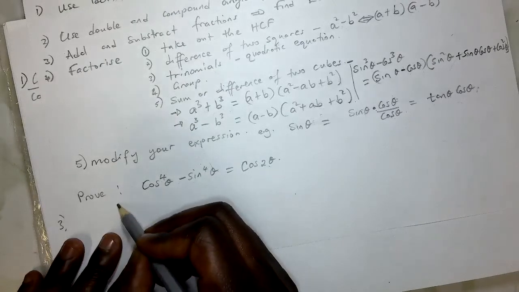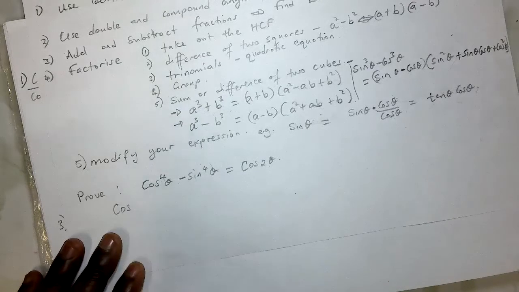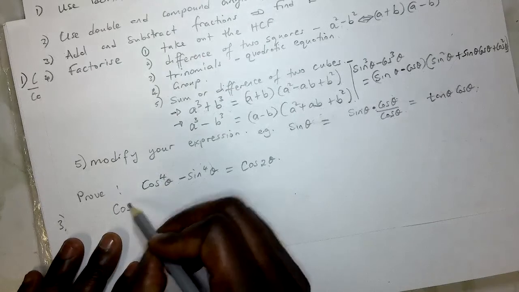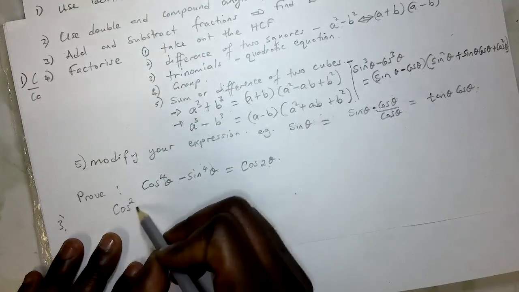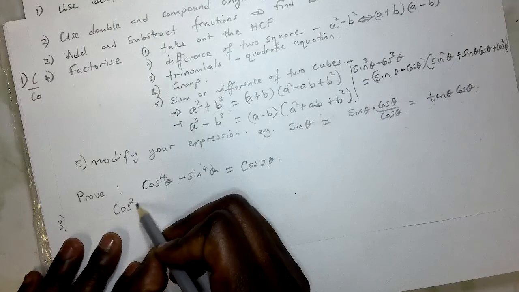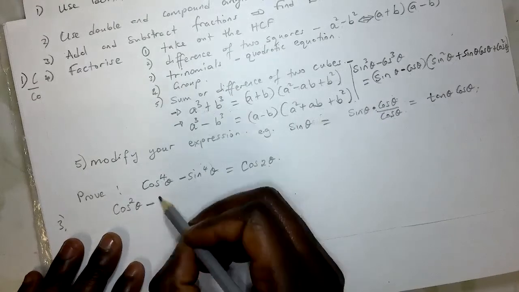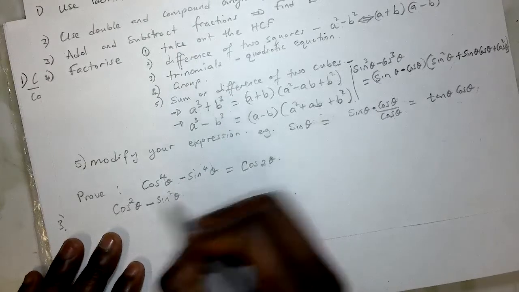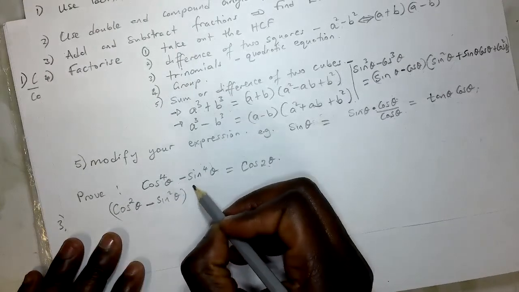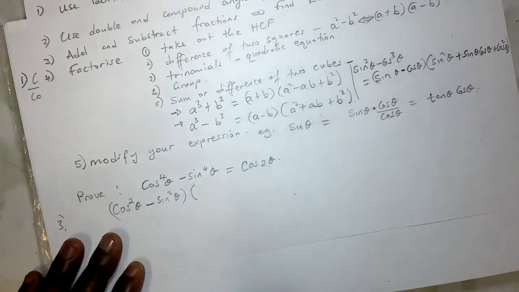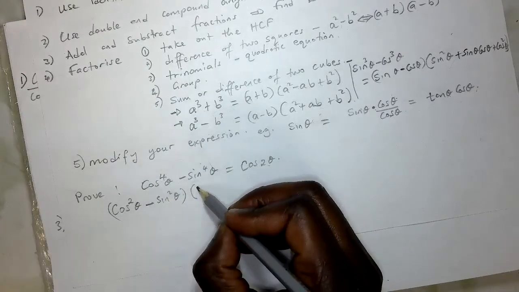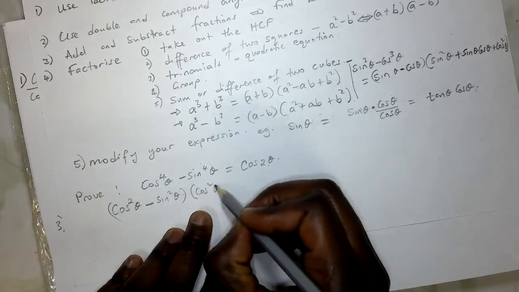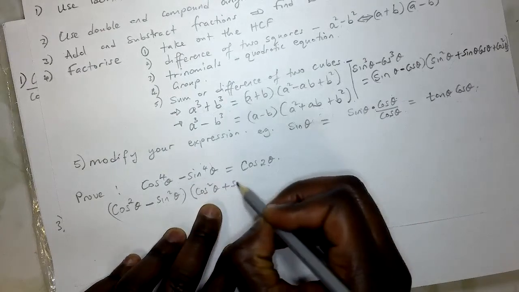It's going to be cos squared theta minus sine squared theta in bracket, open another bracket, cos squared theta plus sine squared theta.